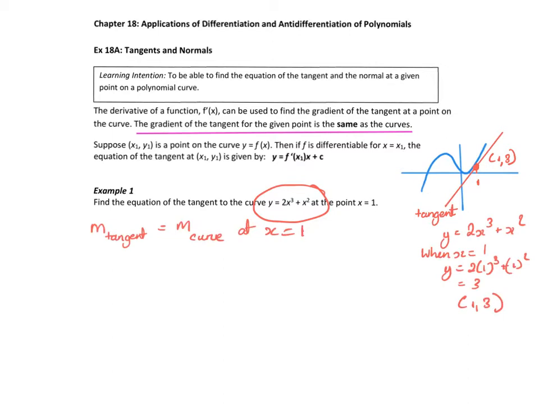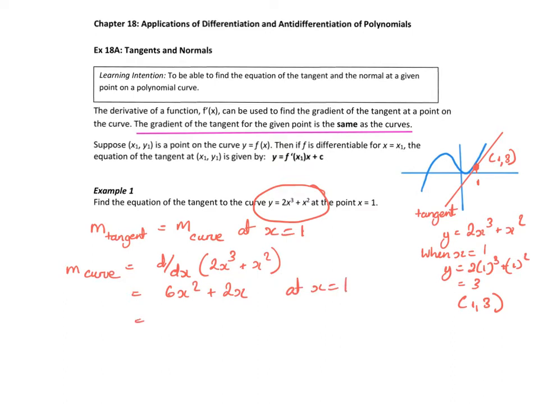So let's find the gradient of the curve first of all. We know the curve is 2x cubed plus x squared. So the gradient of that would be d/dx of 2x cubed plus x squared, which is 6x squared plus 2x. And we know that the gradient of the curve is the same as the tangent at x equal to 1.